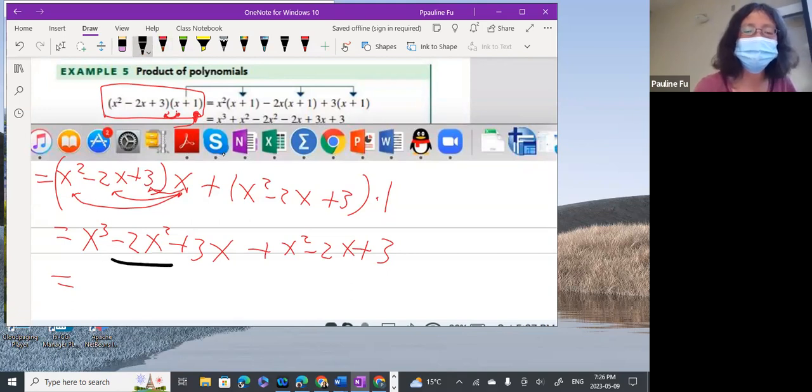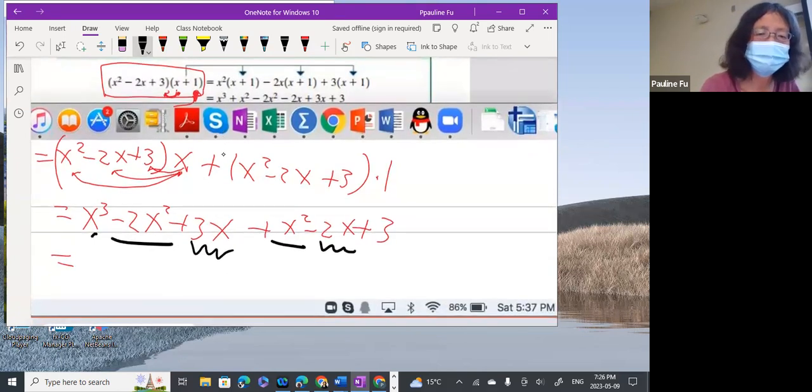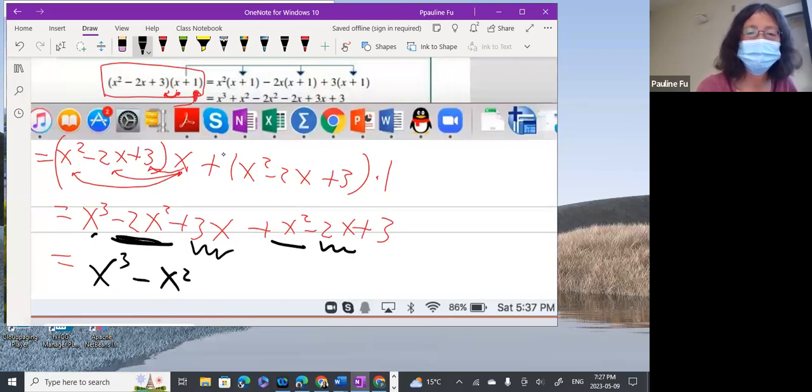So negative 2x squared, positive x squared, 3x minus 2x. Okay, copy down this x cubed. So negative 2x squared plus x squared is negative x squared, and this 2 positive x plus 3. This is the final answer.